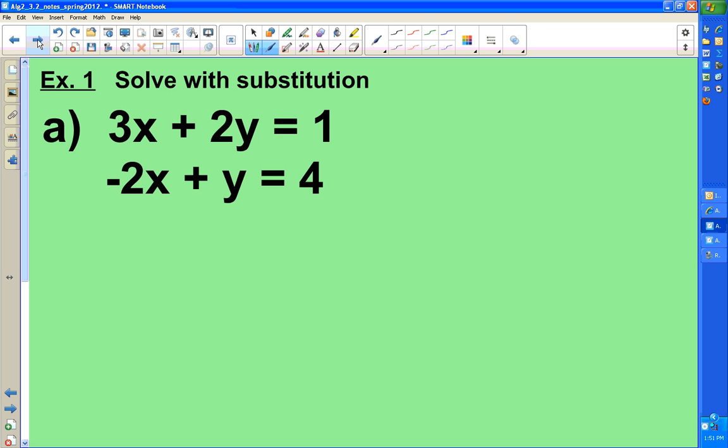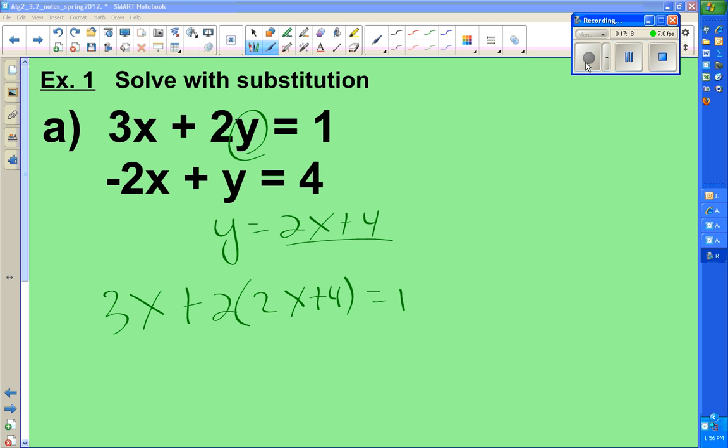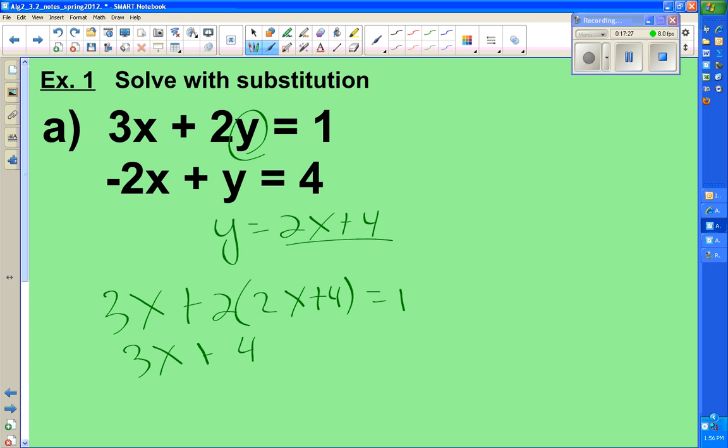Try solving this system by substitution. 3x plus 4x plus 8 equals 1. If you had a 4 right here, what mistake did you make?